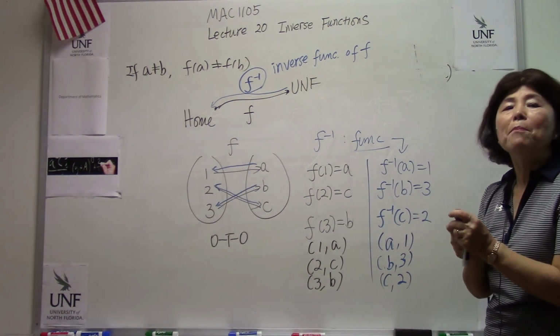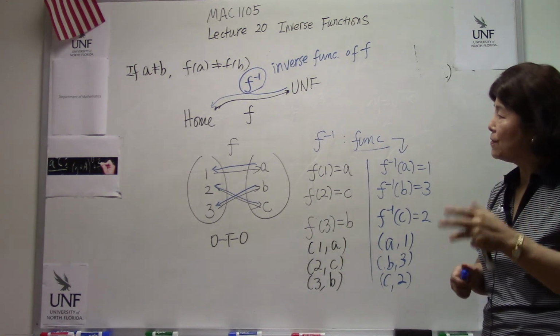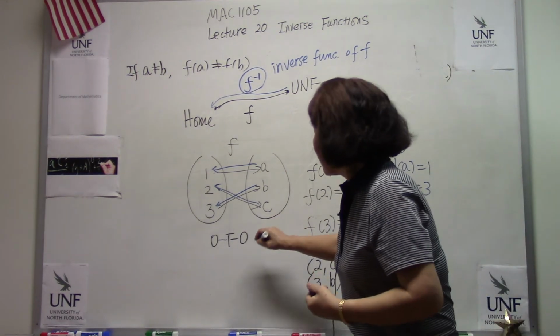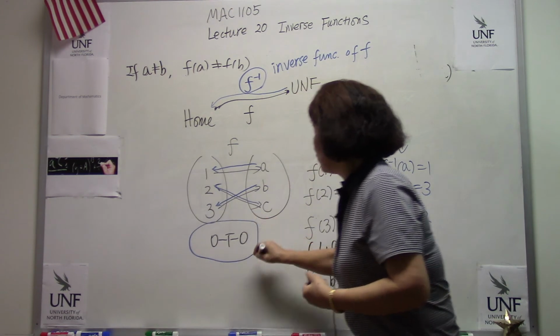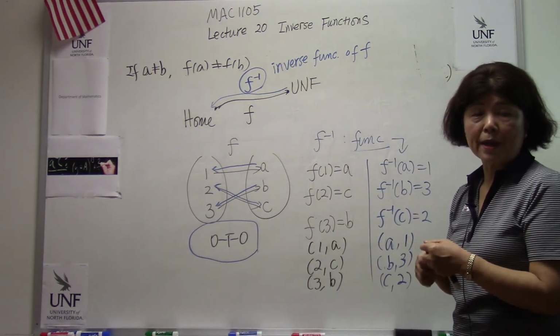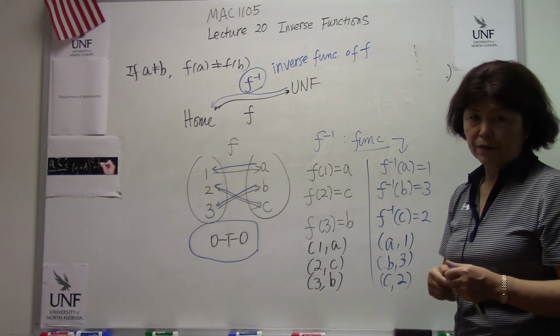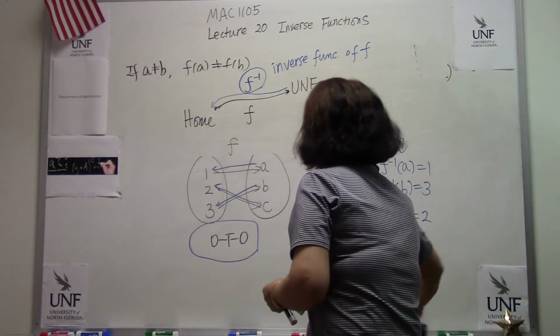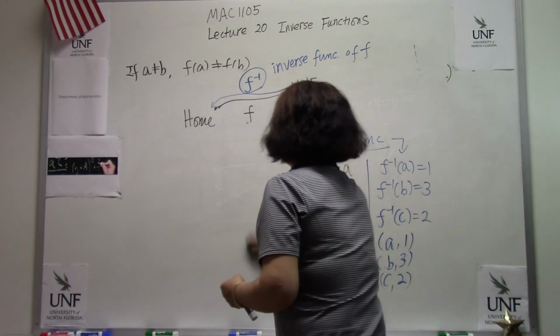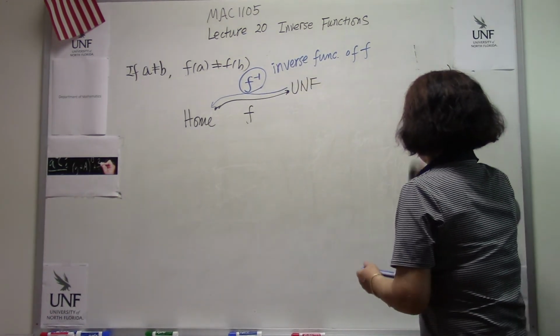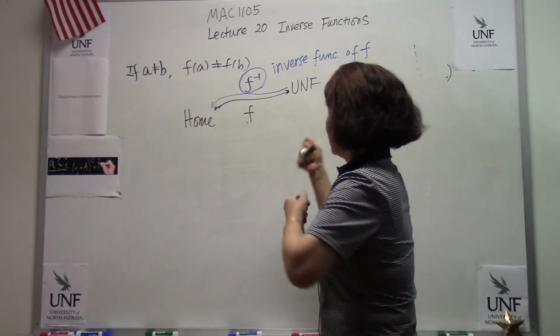Okay? So this part is inverse function, but you can have an inverse function only if the function is one-to-one. It's very important, okay? If a function is not one-to-one, you cannot make an inverse function. Again, let me emphasize this.